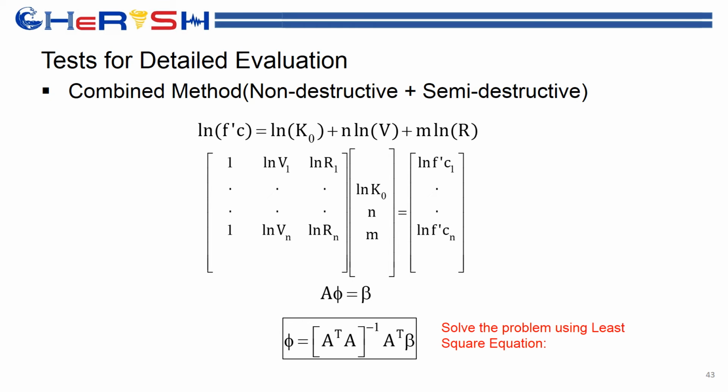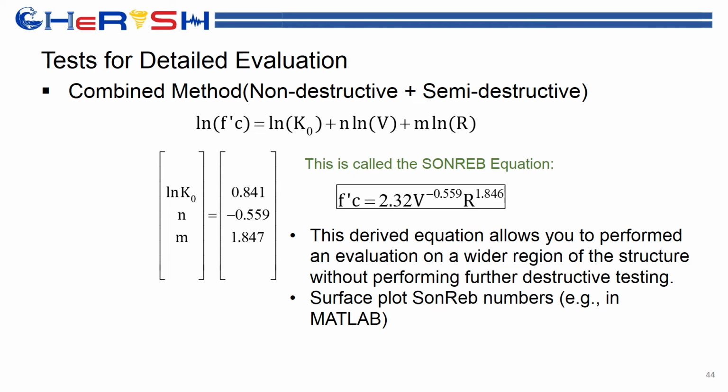And from this analysis, we can develop an equation which we call the Sonrev equation, which we will use to quantify the compressive strength of concrete without the need to conduct more semi-destructive tests, without the need to take more concrete samples. So that is the purpose of developing a Sonrev equation.